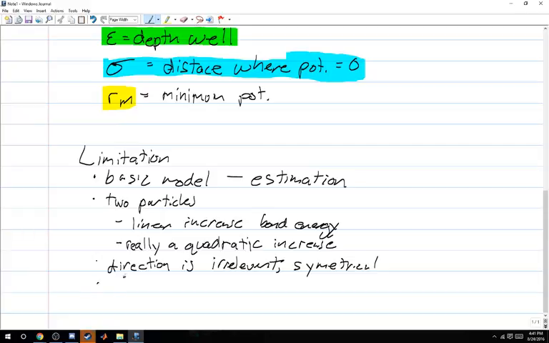It doesn't represent all the forces. But again, it's an estimate. Just know that it doesn't really represent all the forces. And a big issue if you're into more of the programming aspect is that at 0, this is a divergent, which means it approaches infinity, which can cause problems with software and modeling.